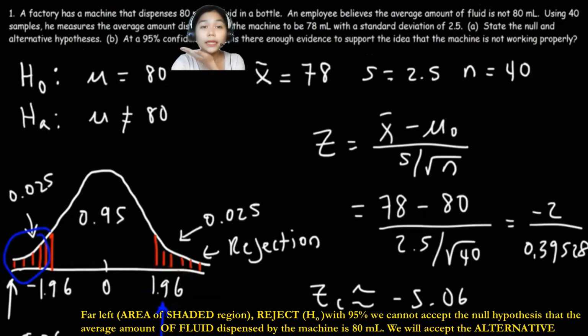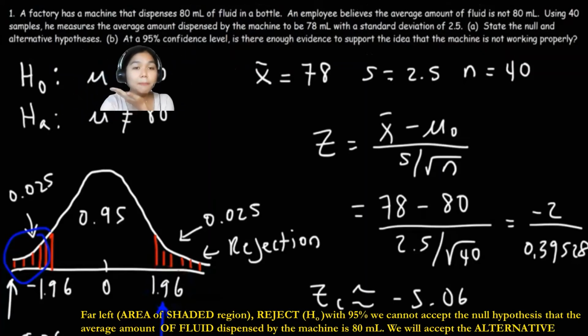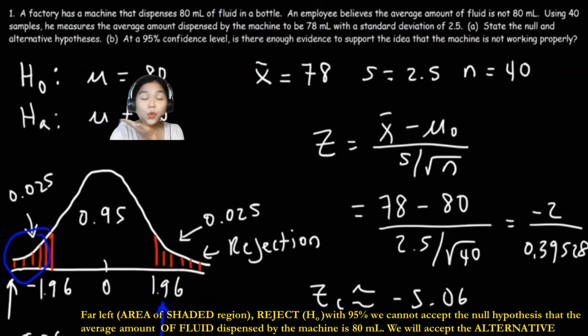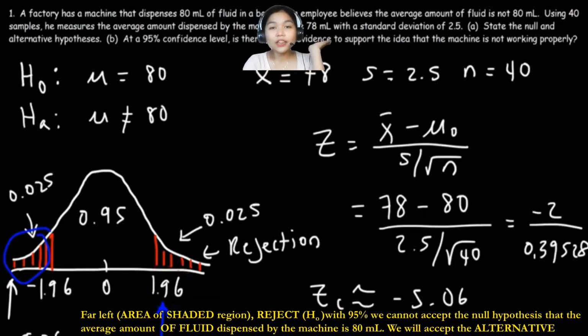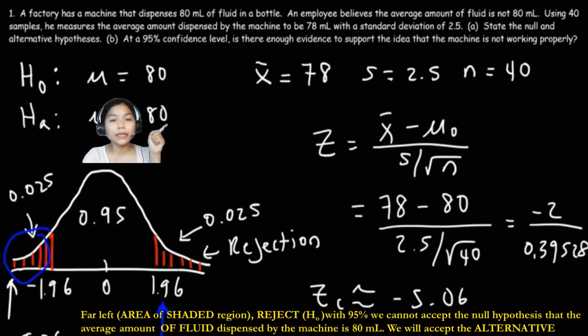So, this is our null hypothesis, that mu is equal to 80. And ito yung alternative because the employee believes na hindi daw equivalent to 80, 78 lang daw. So alternative is mu is not equal to 80, or the mean is not equal to 80.